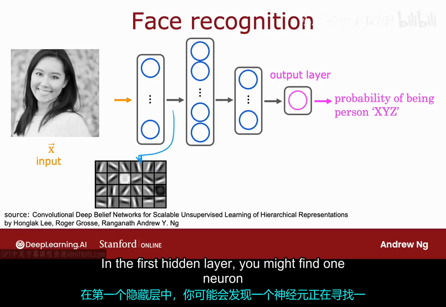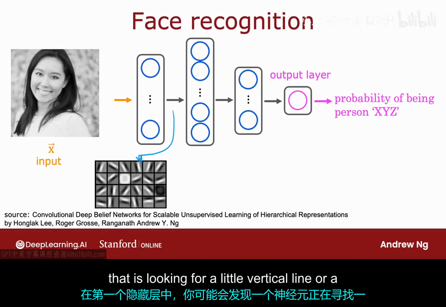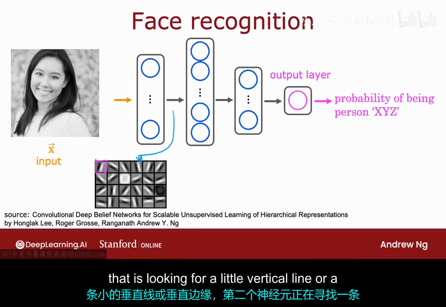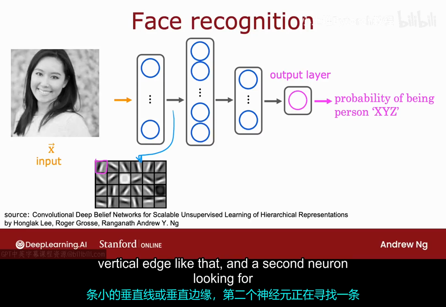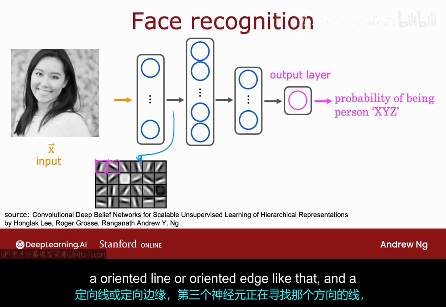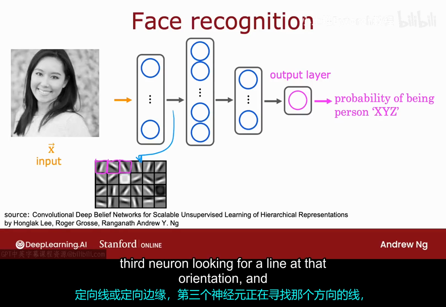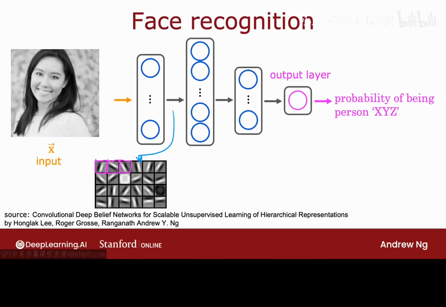In the first hidden layer, you might find one neuron that is looking for a little vertical line or a vertical edge like that, and a second neuron looking for an oriented line or oriented edge like that, and a third neuron looking for a line at that orientation, and so on.